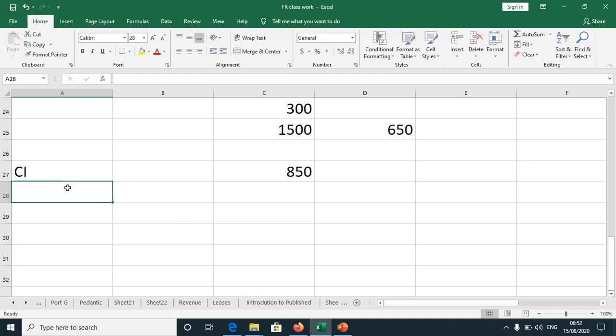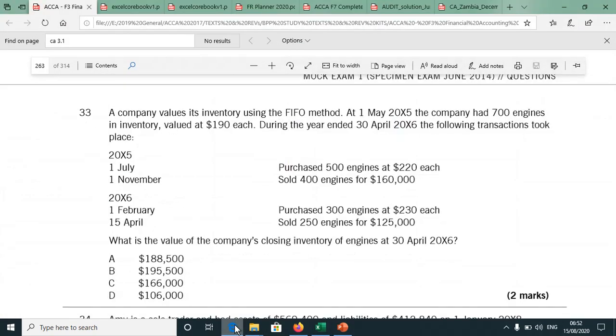So we'll value it in reverse order. We're going to make an assumption that the units in inventory are valued at latest prices. So we're going to value this in reverse order. The latest batch that came into inventory is the batch of 300. You can see that figure here. And the second latest is 500, and then we have that opening inventory.